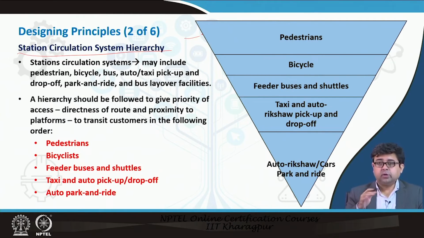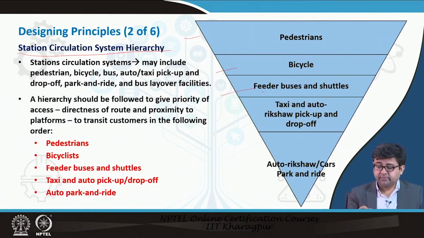So, how do you appropriately incorporate all the pedestrian space requirements, which we have already looked at when we developed the level of service for pedestrians. There was an example for a terminal, for a station area level of service as well. So, that will help you in designing the circulation areas for pedestrians.